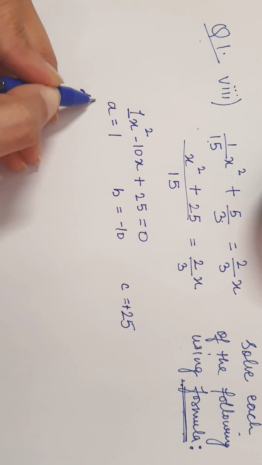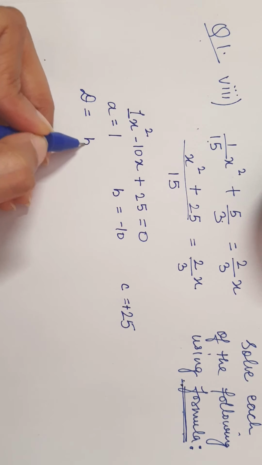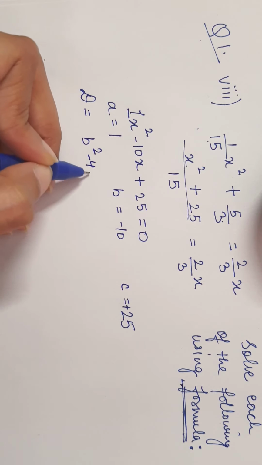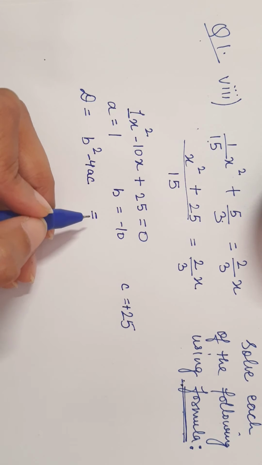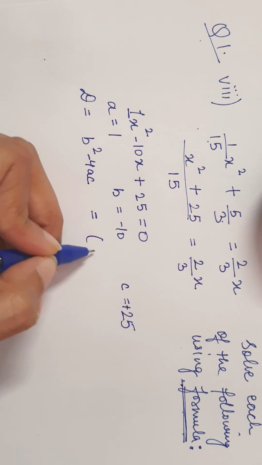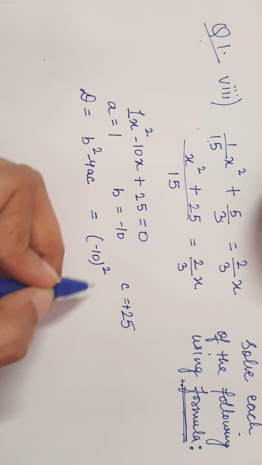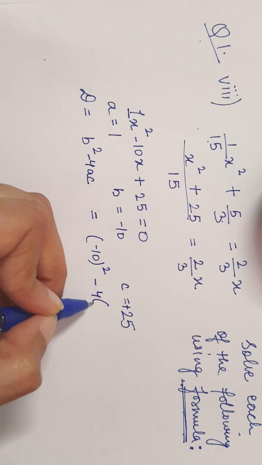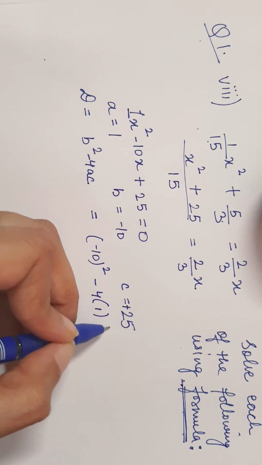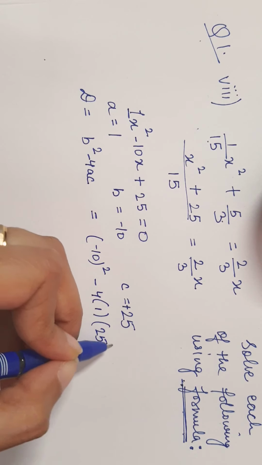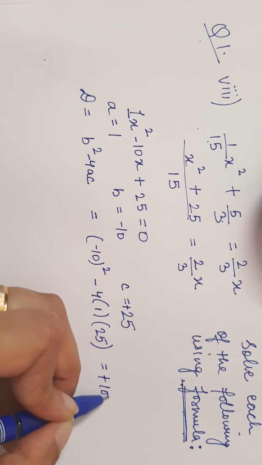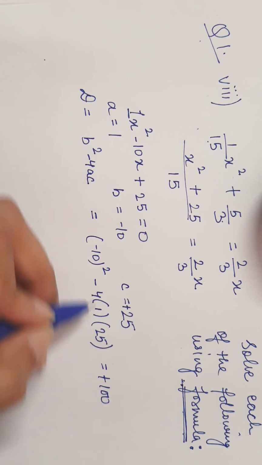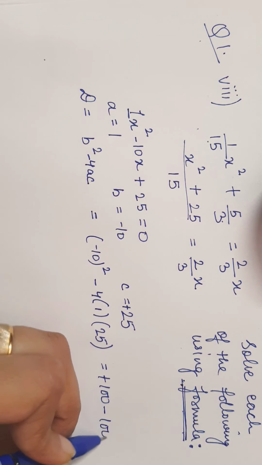Let us first find the discriminant. B square minus 4AC. Solving the discriminant, B is minus 10, minus 4 into the value of A into the value of C. This will be plus 100 and this will be minus 100.